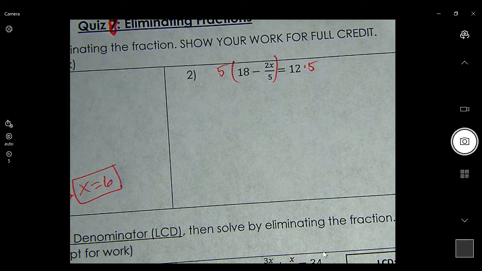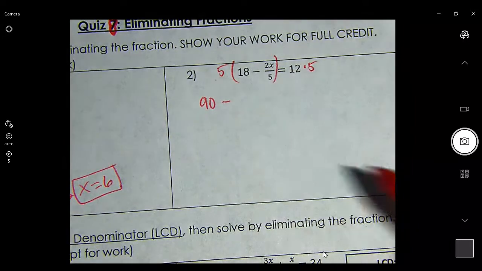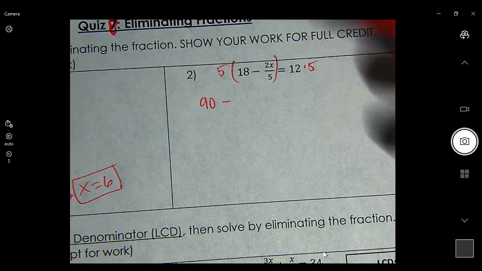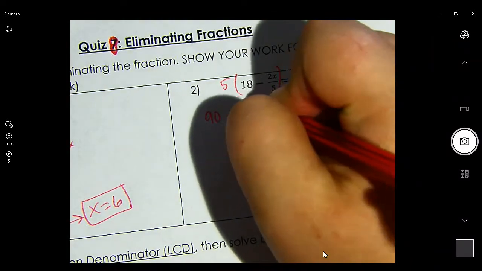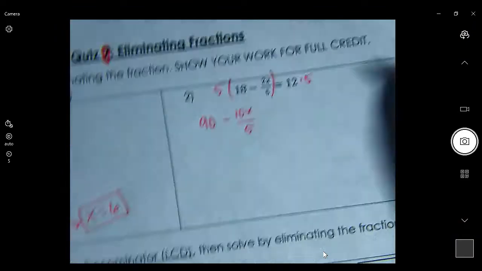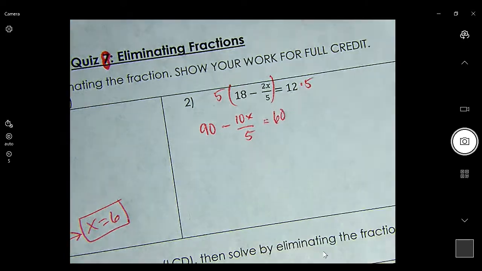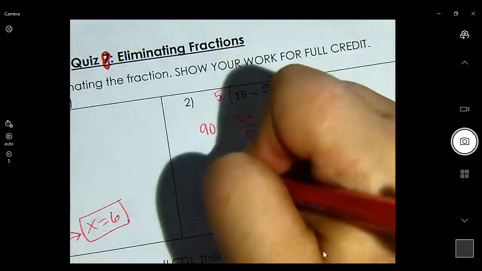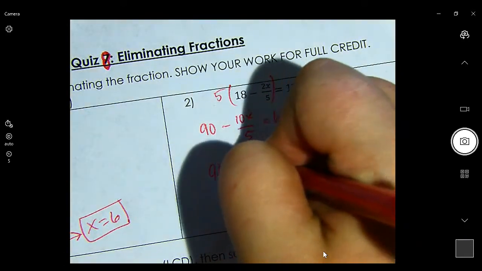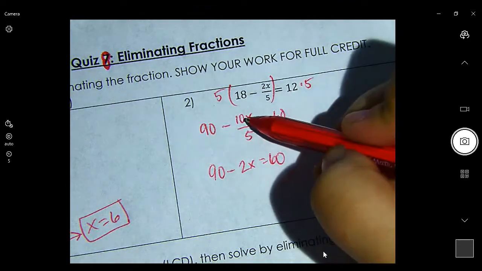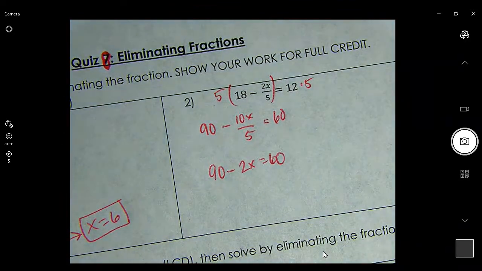All right, I have 5 times 18, which gives me 90, minus 5 times 2x, which is 10x. So I have 10x over 5 equals, what's 12 times 5? Well, that's 60. All right, but now I need to simplify this. So I have 90 minus 2x equals 60 because 10 divided by 5 is 2.